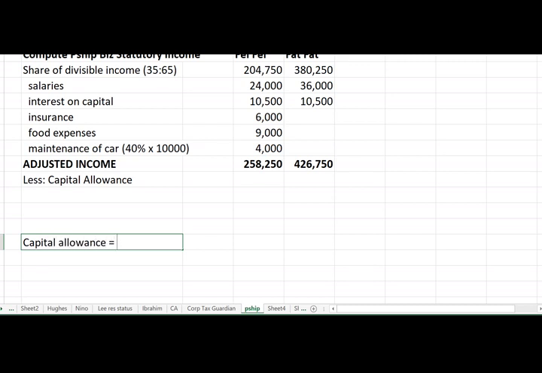will equal 106,000 plus 20,000 times 60%.